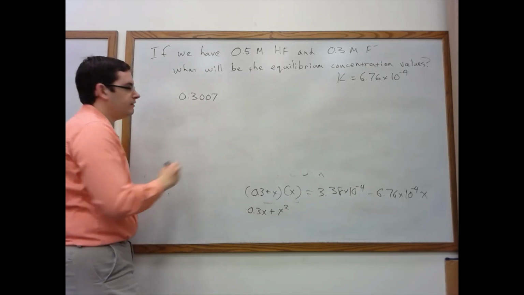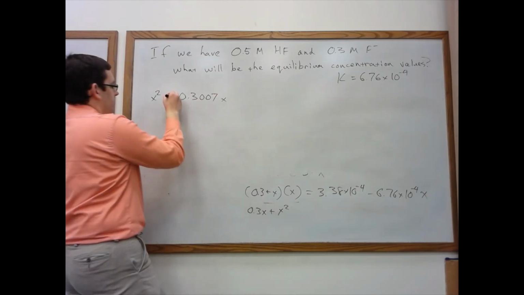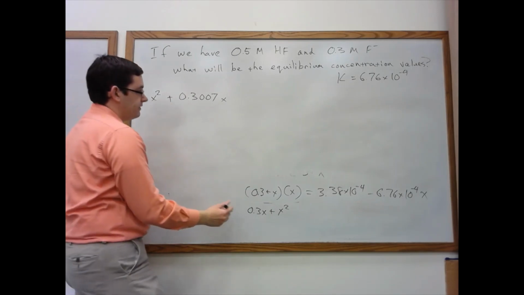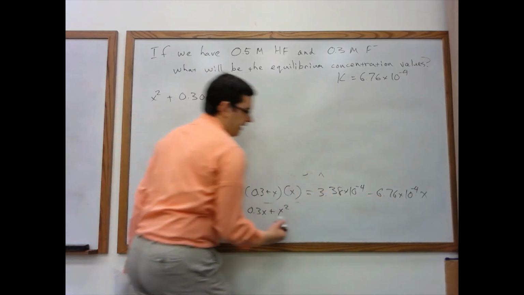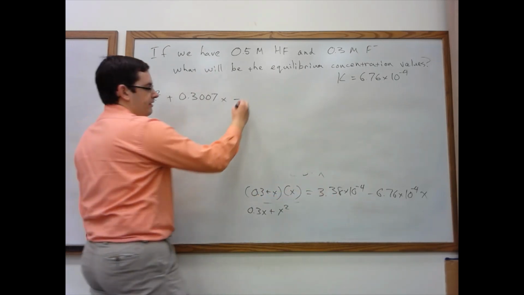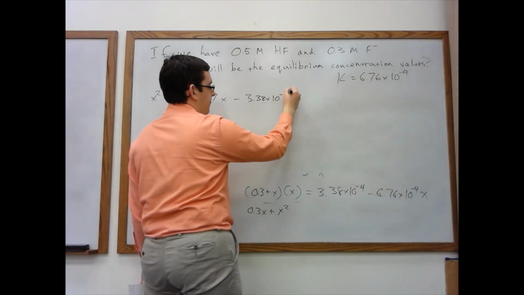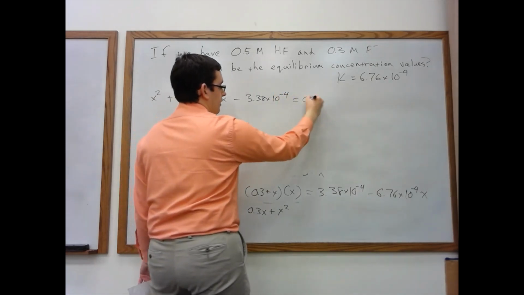We have x squared here, plus the 0.3007x from our two x components, and then we're subtracting our 3.38 times 10 to the negative fourth. And that's equal to 0.